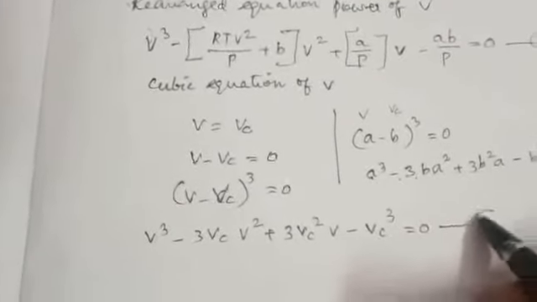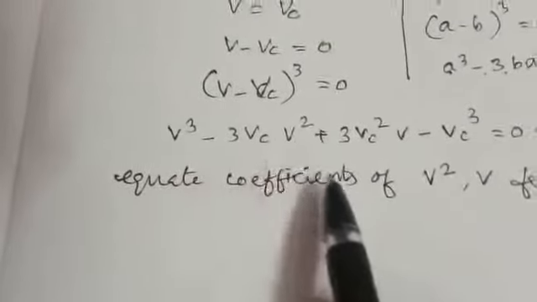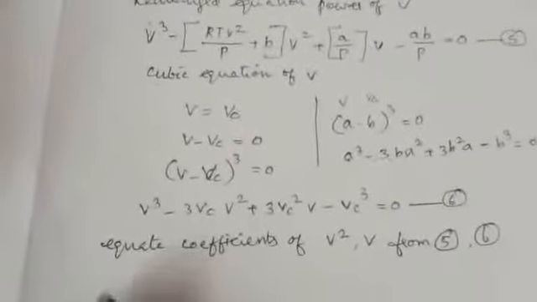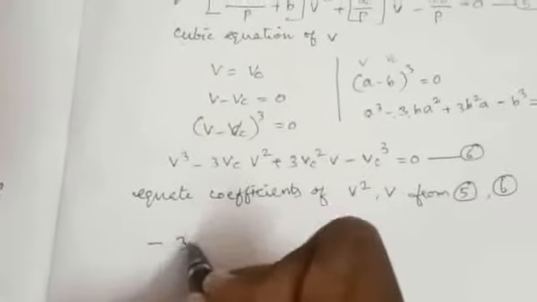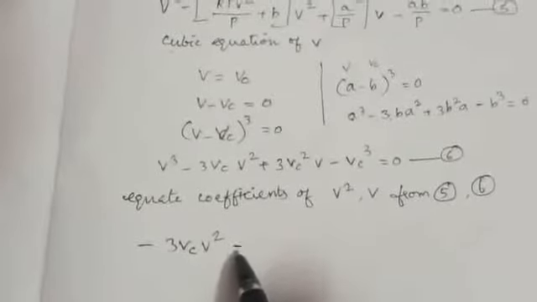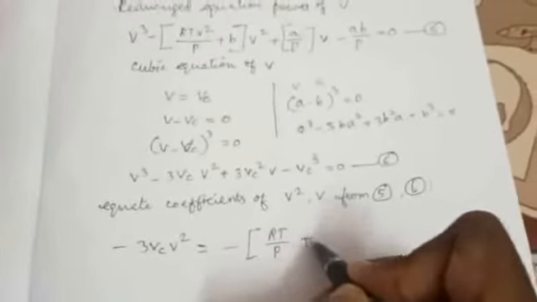Equation number 6. Calculate coefficient of V squared from equation 5 and 6. That equation 5, equation 6, V cube cancel. So remaining only 3 Vc V squared. 3 Vc V squared equal to minus RT V squared divided by P plus P V squared.